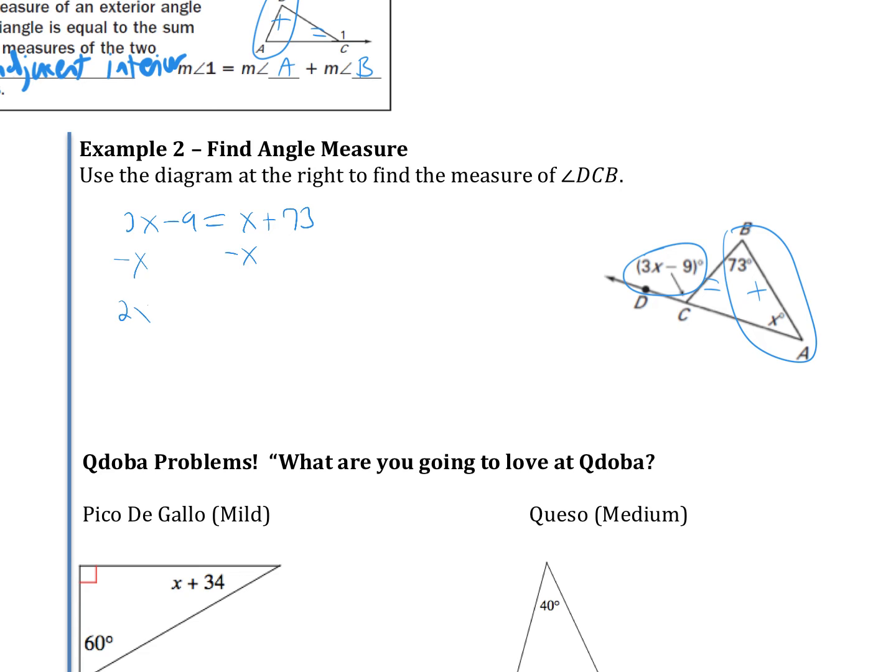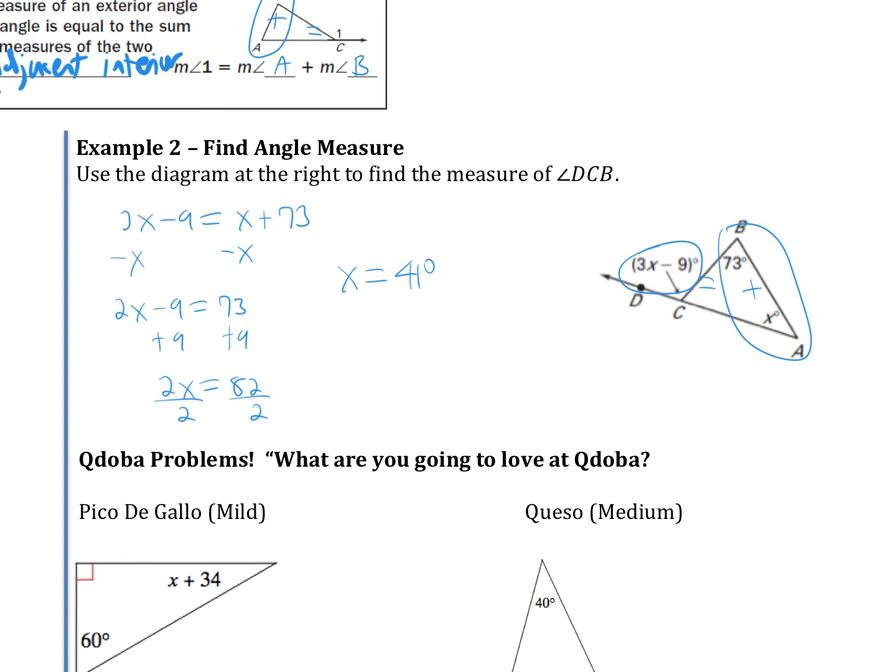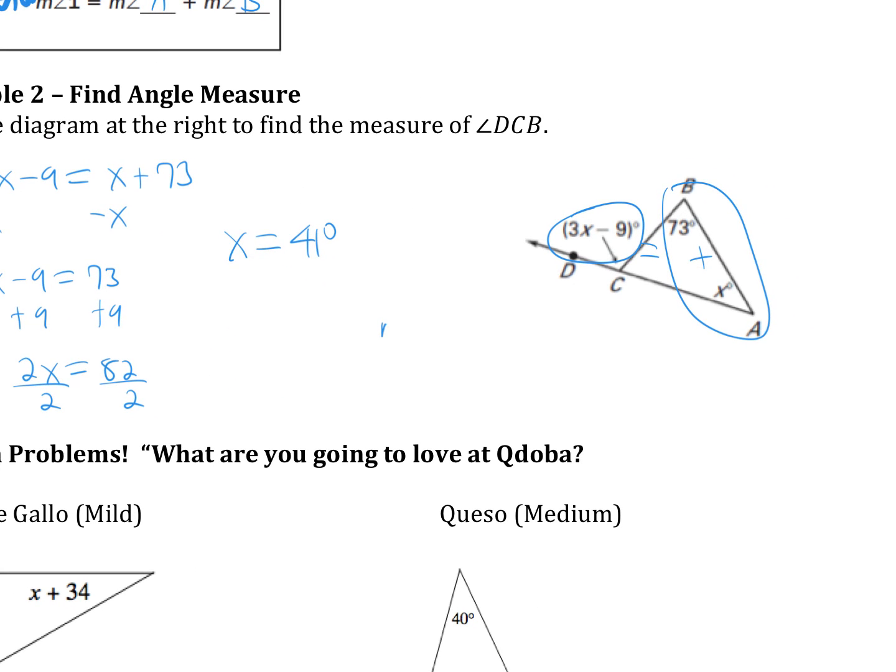All right, we're going to subtract x. So we have 2x minus 9 equals 73. Add 9. 2x equals 82. Divide by 2. x equals 41 degrees. And are we done? No, we are not. We're looking for DCB. So the measure of angle DCB equals 3x minus 9.